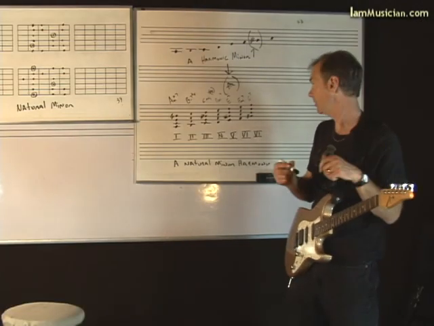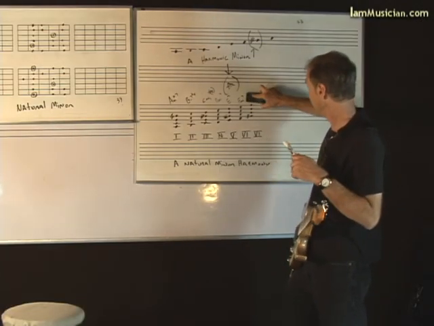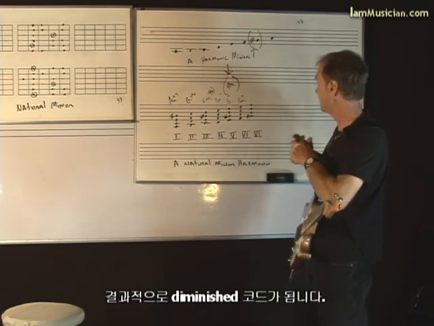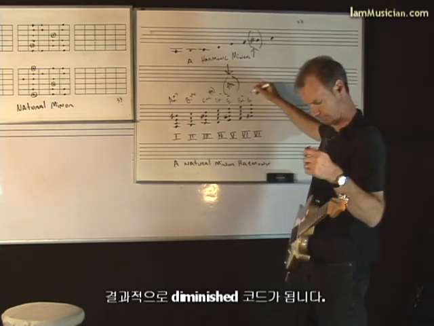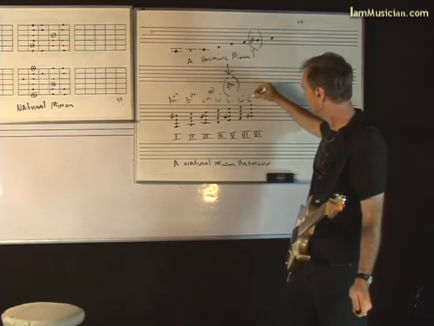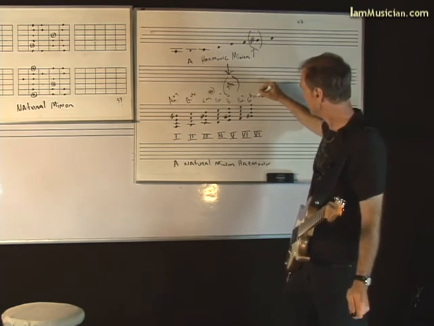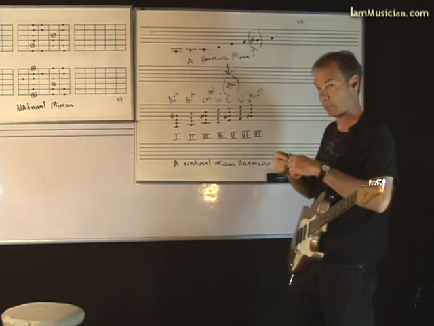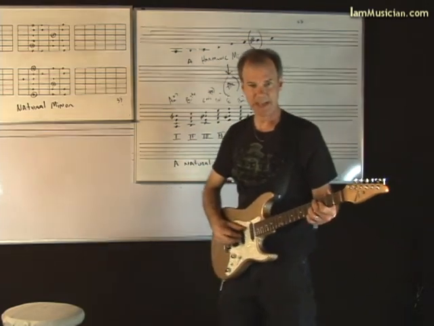So this is a spelling of a new chord for you at home there. This is actually going to be how you spell a diminished chord. So it's called G sharp diminished 7th. Okay, it's kind of a wordy name, but it's this kind of a chord.